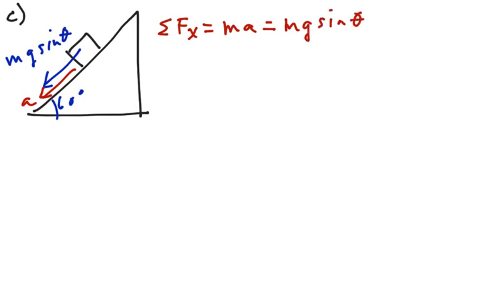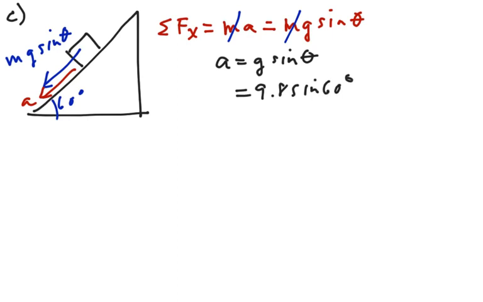Now in this case, the m's would cancel out, and so I'd get that the acceleration is just equal to g sine theta, so that would be 9.8 times the sine of 60 degrees, and that's going to be equal to 8.49 meters per second squared.